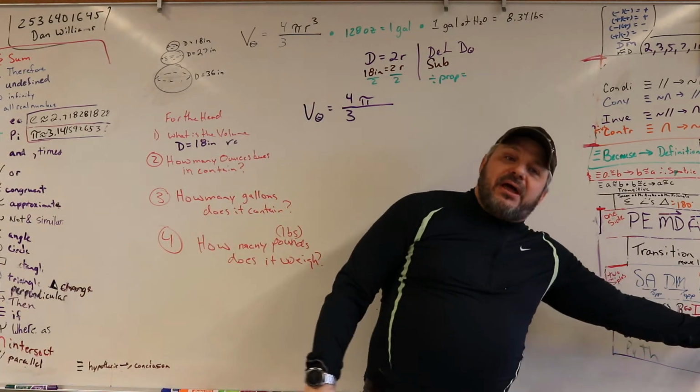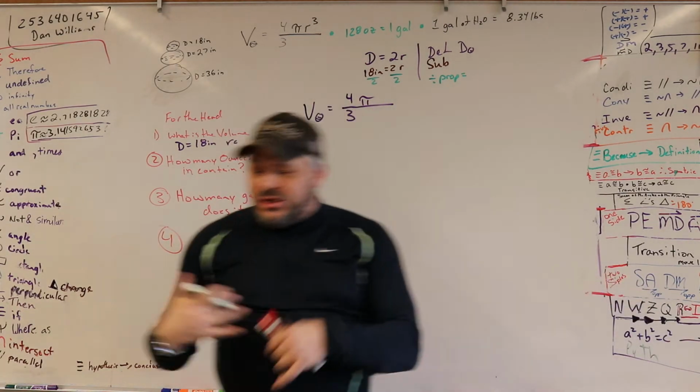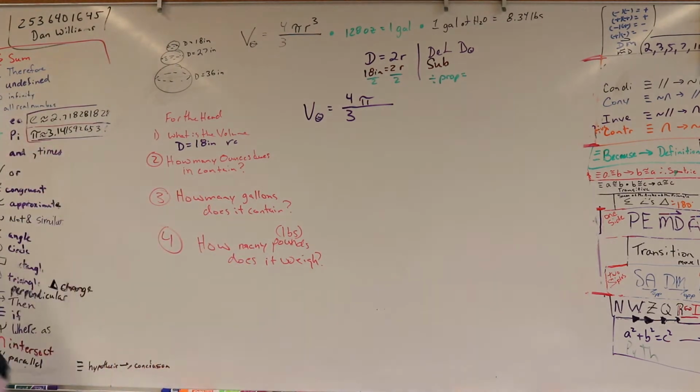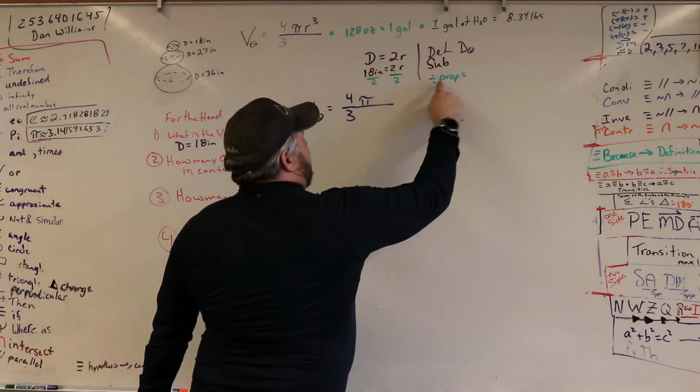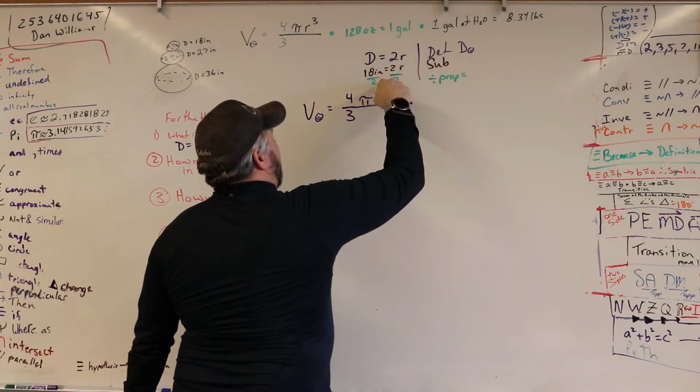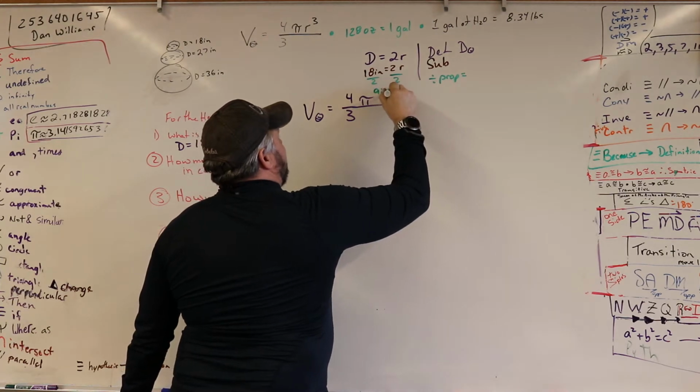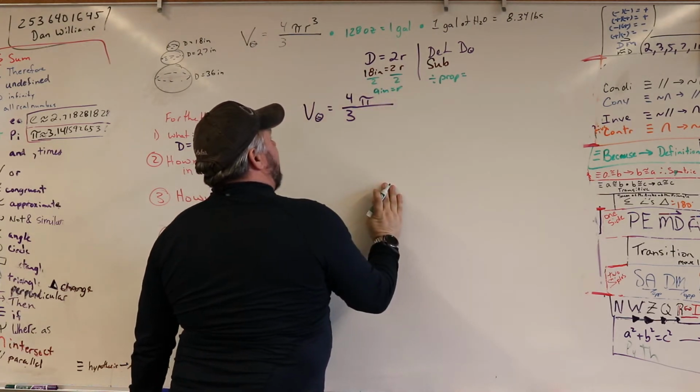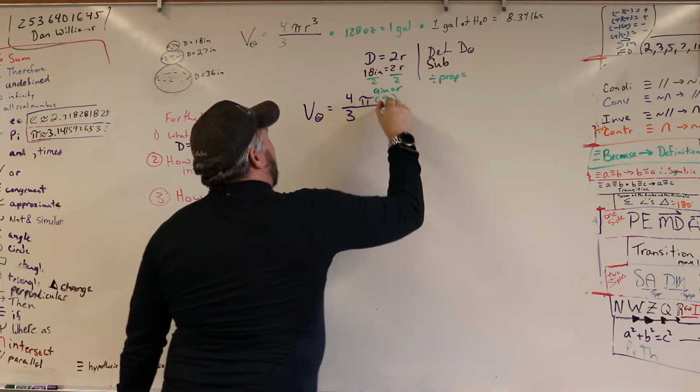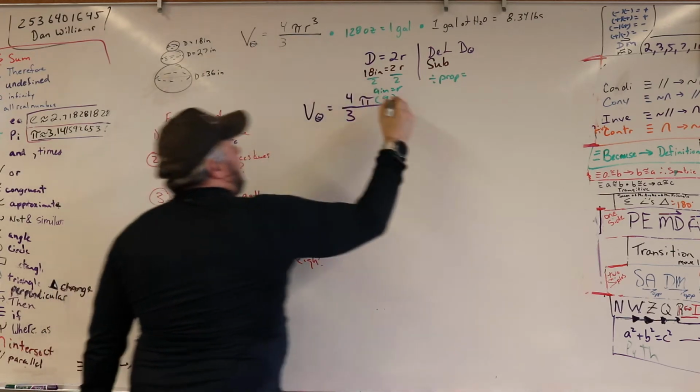We're learning in geometry the different properties that we need to use to prove our steps. So right here I get 9 inches equals R, and that's where I'm coming up with my 9.